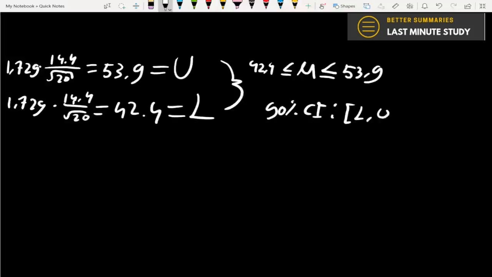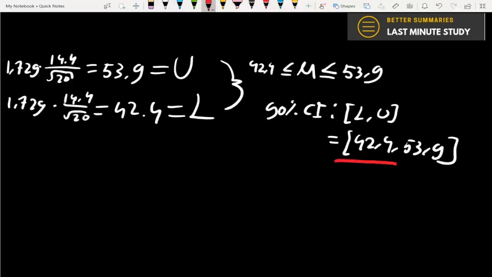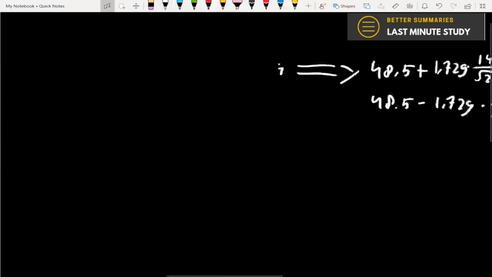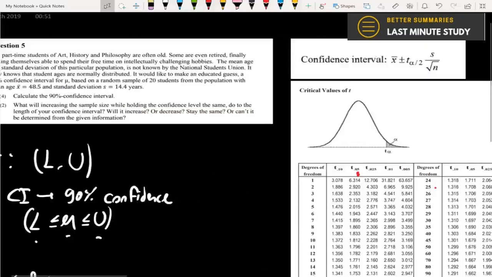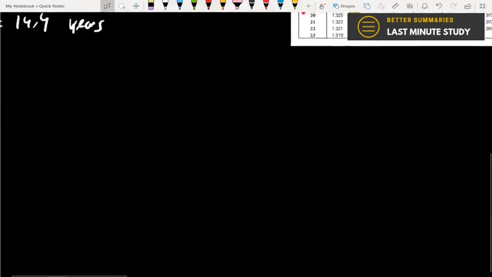It's going to be L to U. That's it for the confidence interval. So we've constructed a 90% confidence interval. Not that hard, just need to know what you're doing. Let's proceed. Let's go to B.